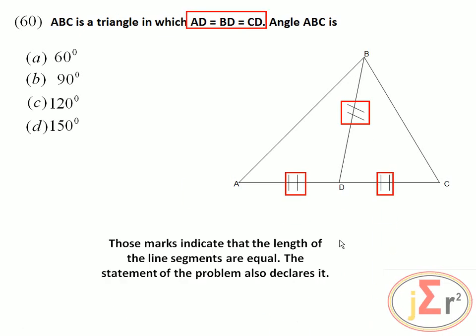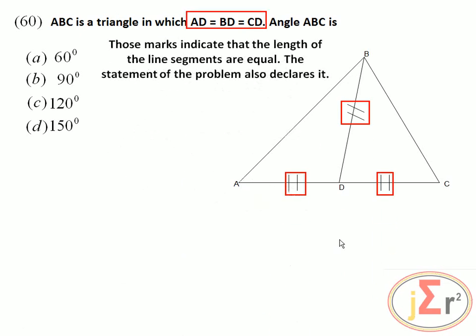The marks that we have here are telling us the sides that are equal, and we also have that in the statement of the problem. Those marks indicate that the line segments are equal in length.